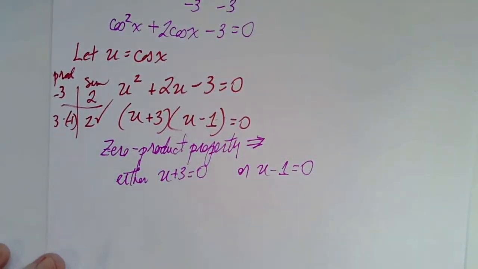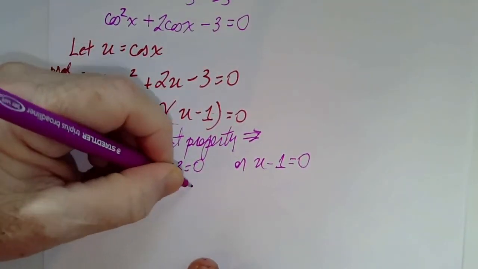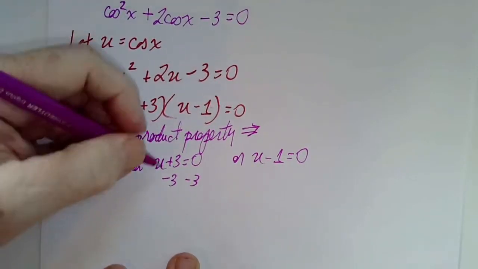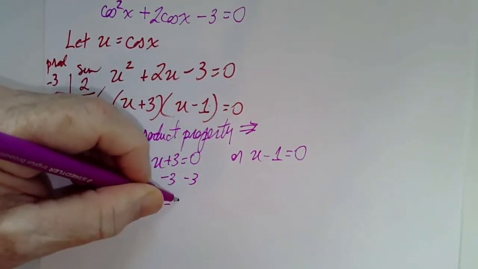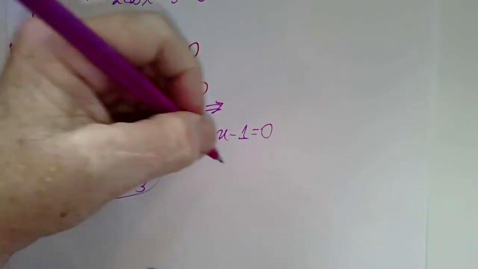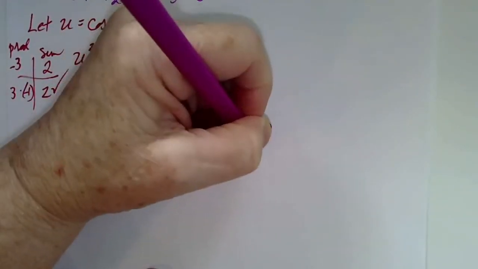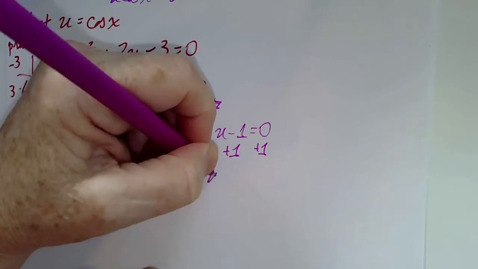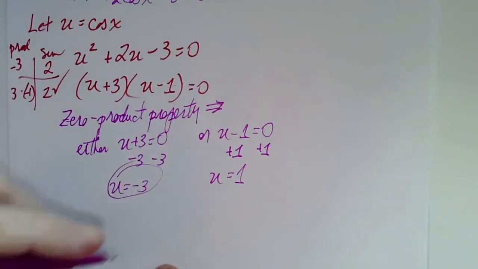To solve the first equation for u, we're going to subtract 3 from both sides, and we get u is equal to negative 3. To solve the second equation for u, we'll add 1 to both sides, and we get u is equal to 1.